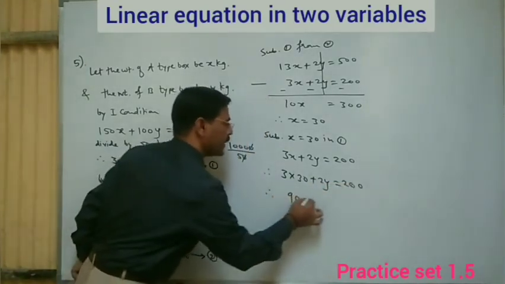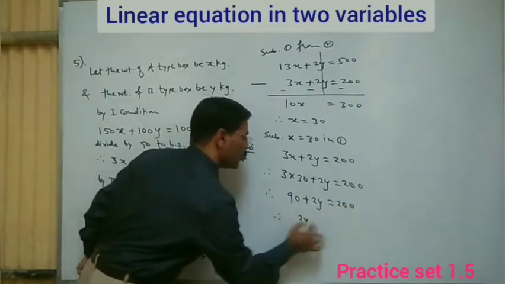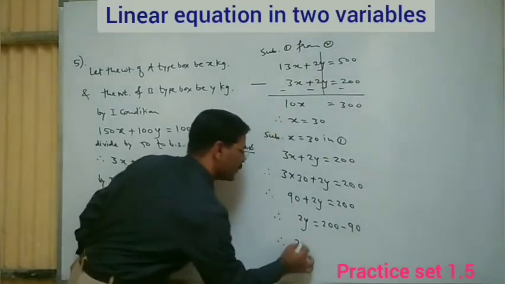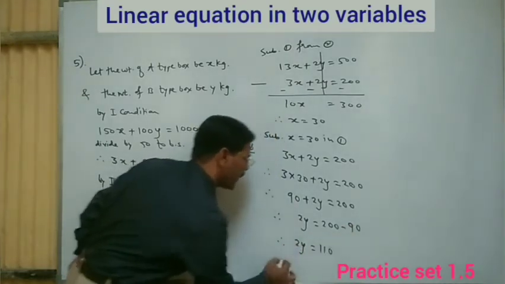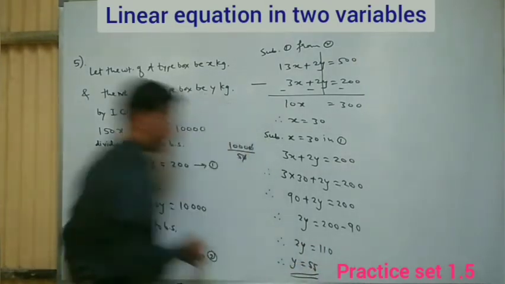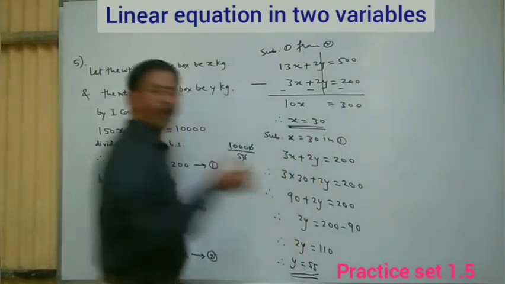Here it is 90 plus 2y equal to 200. So 2y equal to 200 minus 90, 2y equal to 110. So y equal to how much? 55.